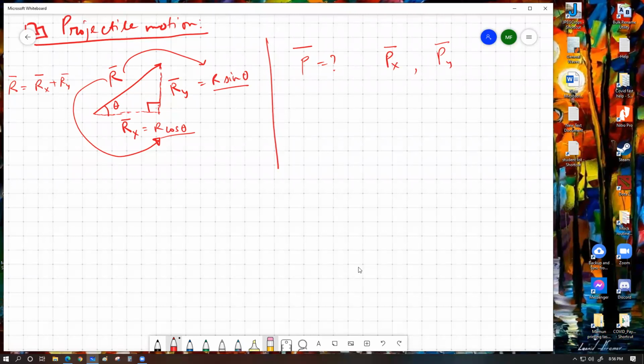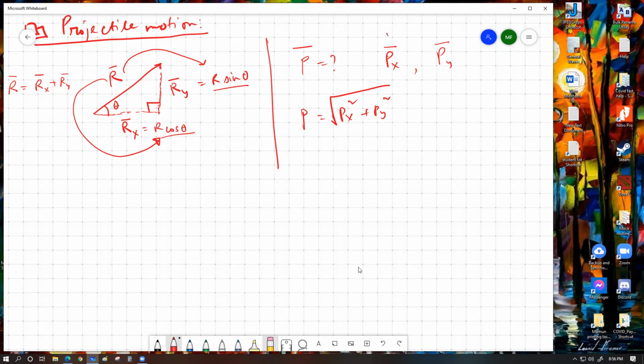The magnitude of p should be the square root of px squared plus py squared. If you wonder where this comes from, it comes from Pythagoras. Actually, I should have written p squared equals px squared plus py squared. I did not write the square over here, so remove the root over here.